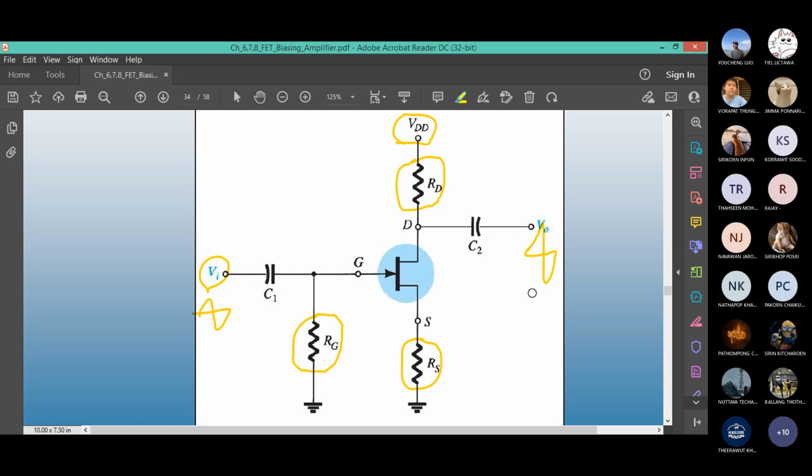But when you do the DC analysis, do we worry about the capacitor? No, we do not worry about the capacitor. In DC analysis, how do you treat the capacitor?